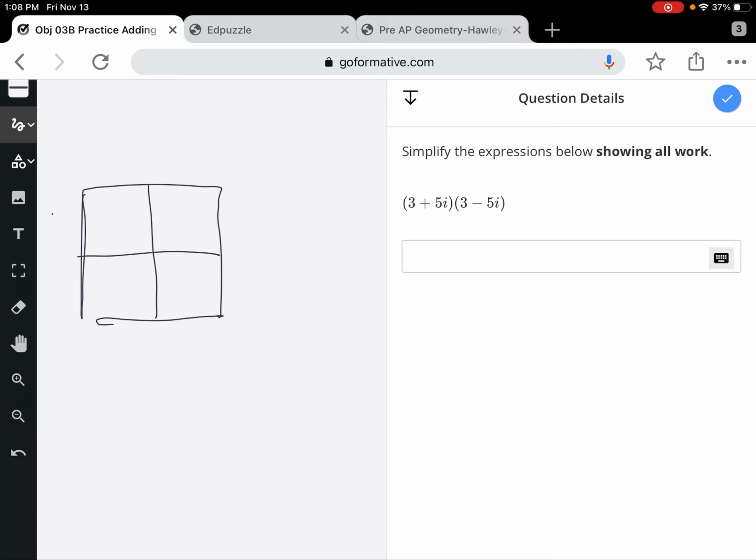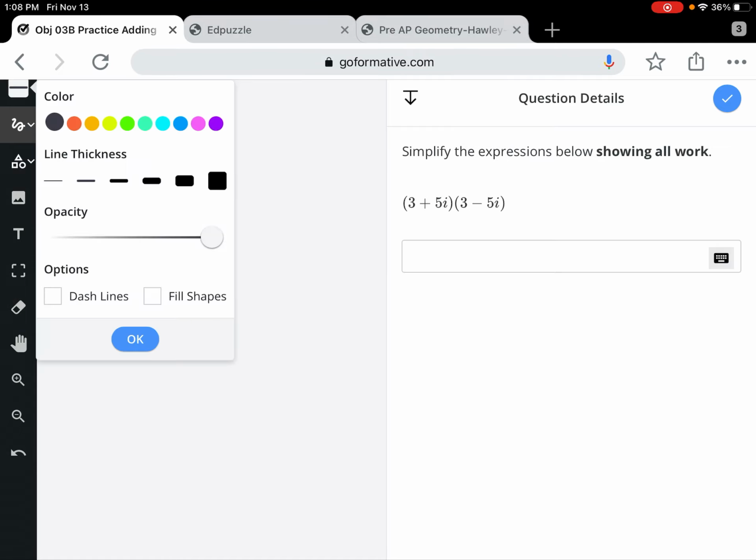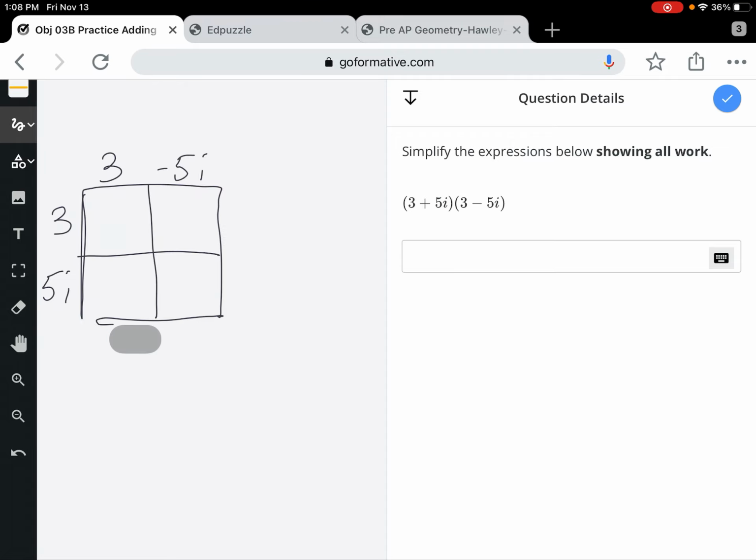Another box. 3 plus 5I, 3 minus 5I. Let me just fix that. There we go. Let's use orange this time. 3 times 3 is 9. 3 times negative 5 is negative 15, and then I have my I here. 3 times 5 is 15, and then I have my I here. 5 times negative 5 is negative 25.